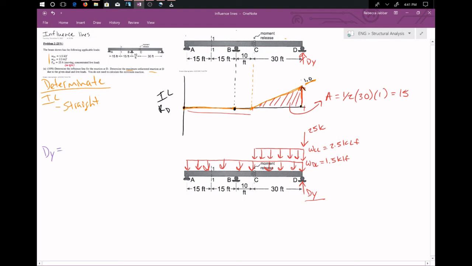So this will equal 25, that's technically being times by 1, plus 2.5 being times by 15, plus 1.5 being times 15, which will equal 25 plus 2.5 times 15 plus 1.5 times 15, which is equal to 85.